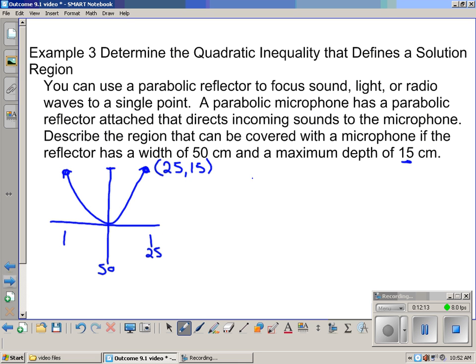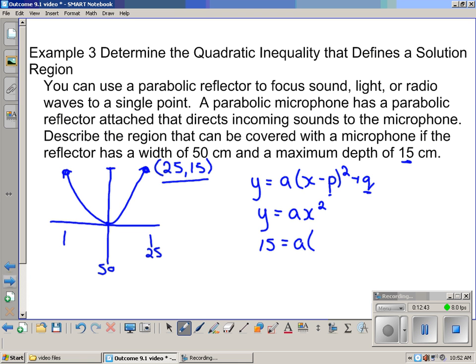And so we're going to use y equals a times (x minus p) squared plus q. Because I've picked my vertex to be at 0 and 0, there is no p and q in this case, or there's 0 and 0, and so this equation just becomes y equals a x squared. To find a, I can substitute in this point that I know, so y is 15 equals a times x, which is 25, all squared.